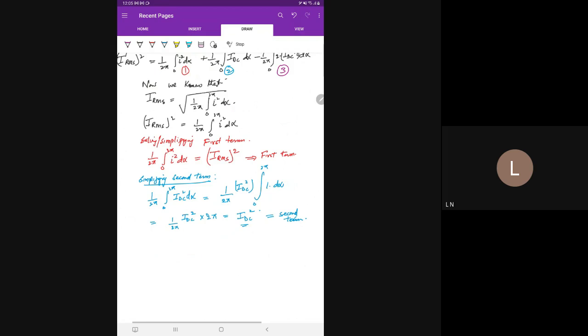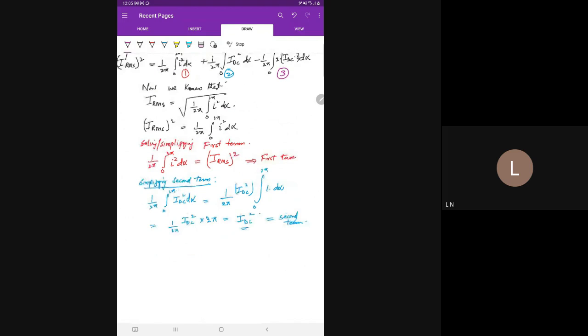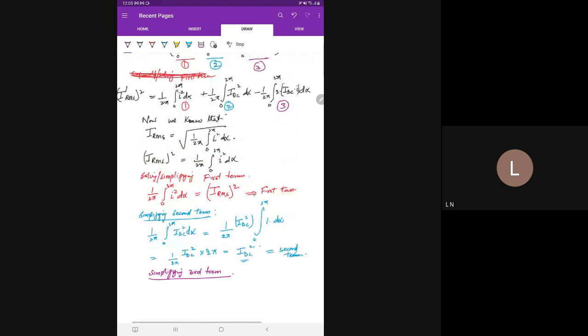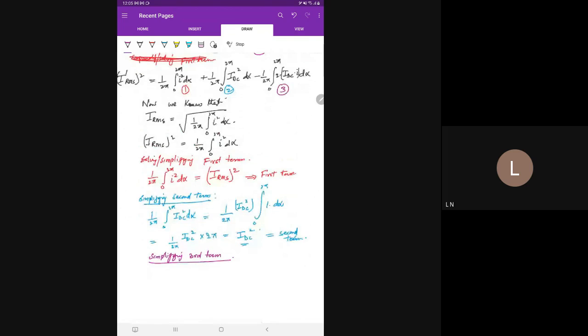Now for the third term, we can simplify the third term also. The third term that we have in our general equation is 1 by 2 pi, 2 times, integral 0 to 2 pi, then I dc into I d alpha.